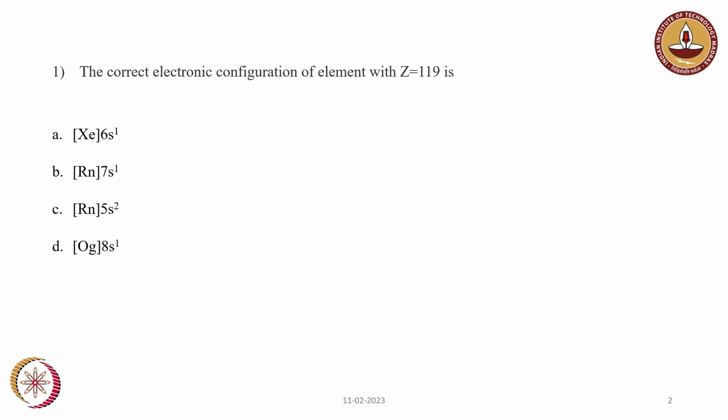The first question is: the correct electronic configuration of element with atomic number 119 is? Option A is xenon 6s1, B is radon 7s1, C is radon 5s2, and D is oganesson 8s1. So first we need to know which is the nearest inert gas to this element to write the electronic configuration.